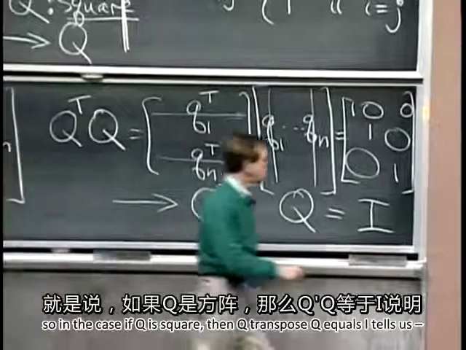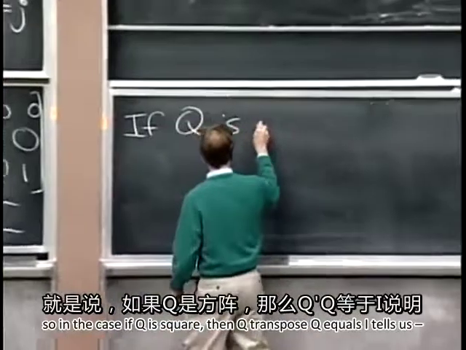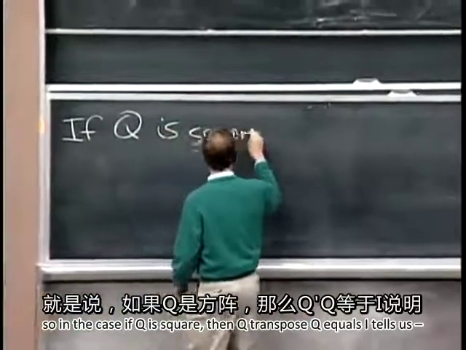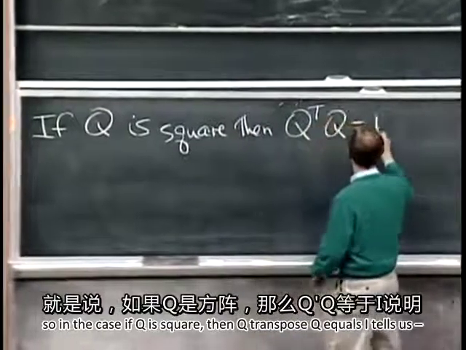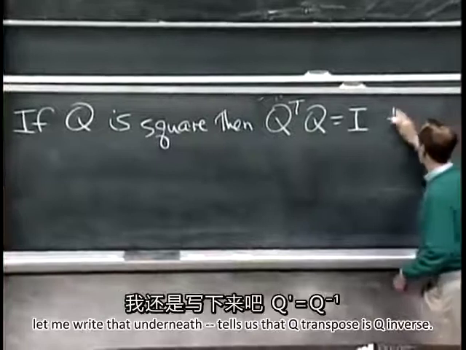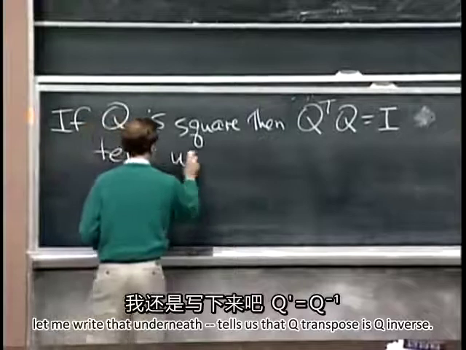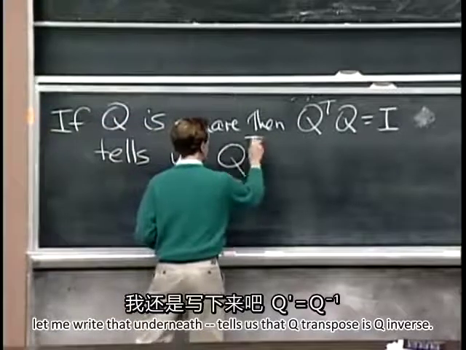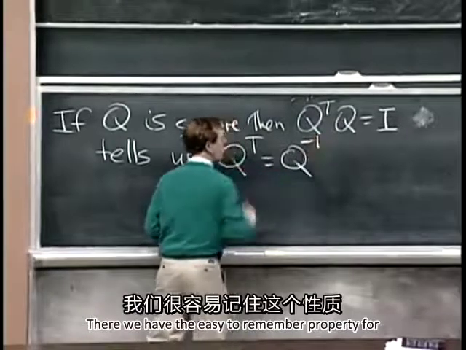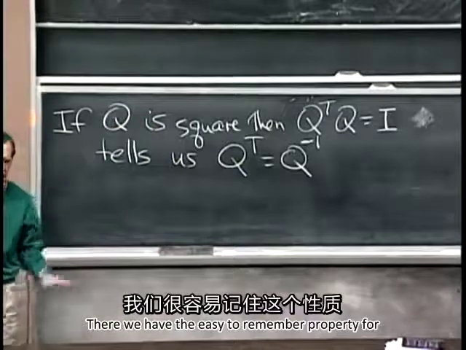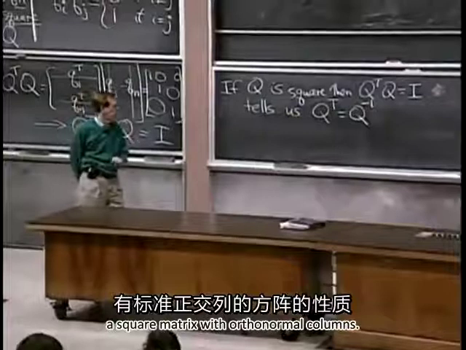So in the case if Q is square, then Q transpose Q equals I tells us that Q transpose is Q inverse. There we have the easy to remember property for a square matrix with orthonormal columns.